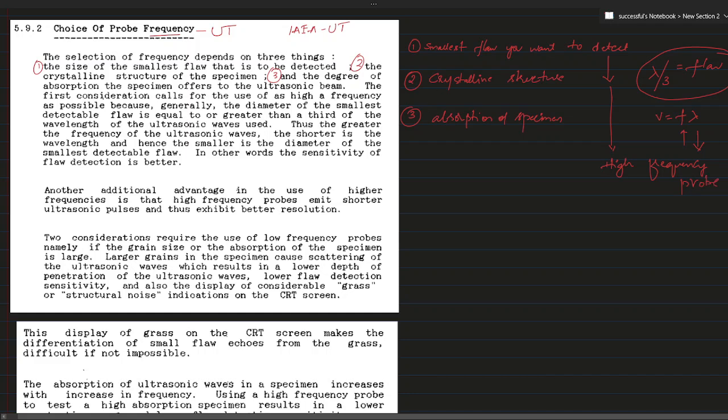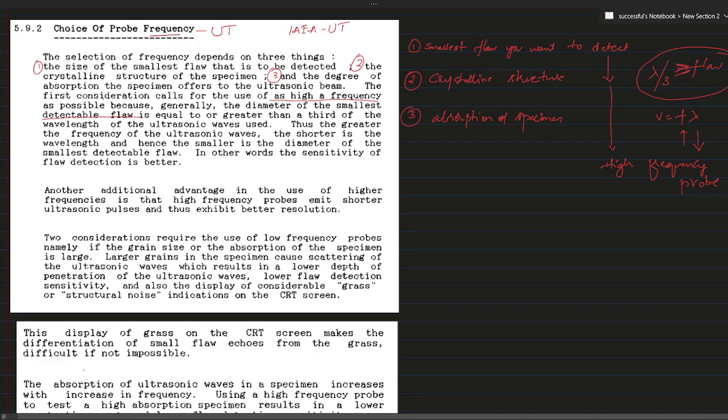The first consideration calls for the use of as high a frequency as possible, because generally the diameter of the smallest detectable flaw is equal to or greater than a third of the wavelength of the ultrasonic waves used.